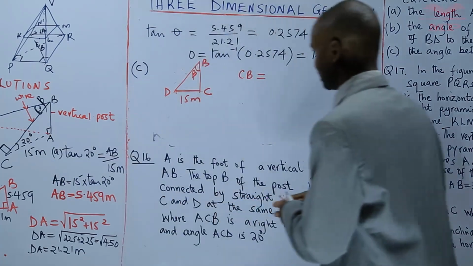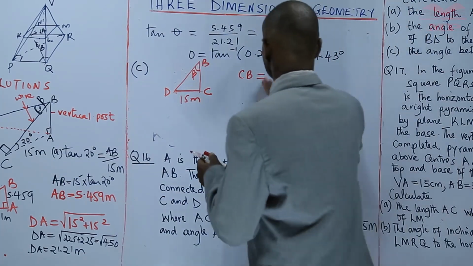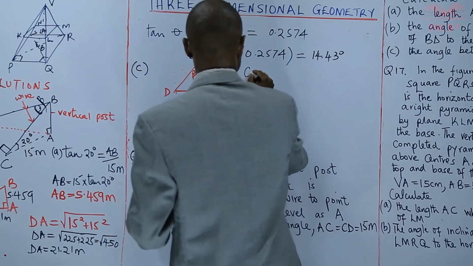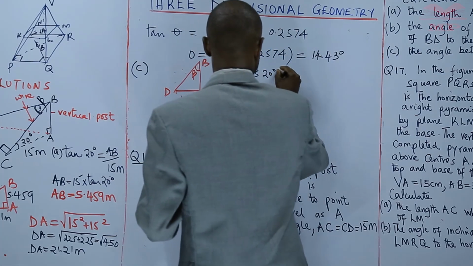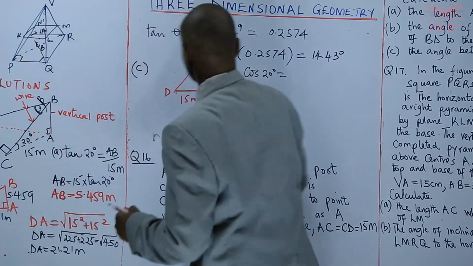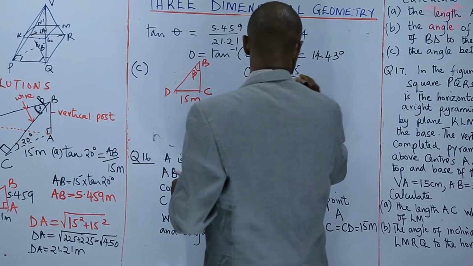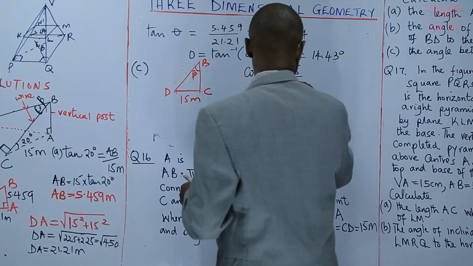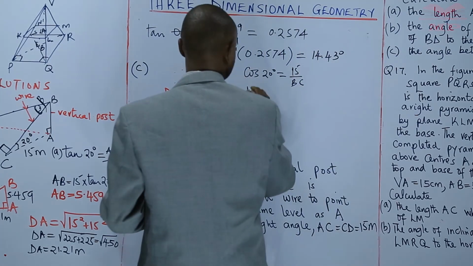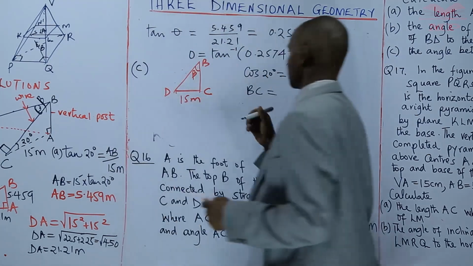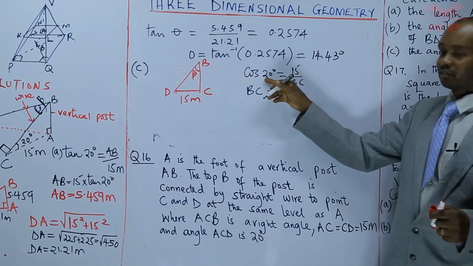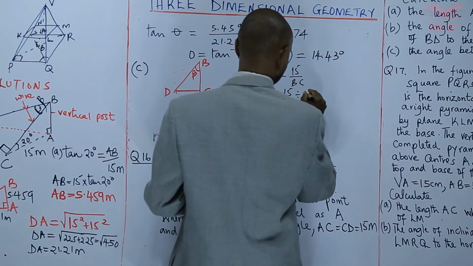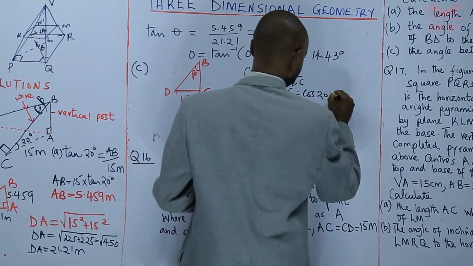So you'll say cosine 20 degrees is equal to the adjacent, which is 15, over the hypotenuse, BC. So BC will be 15 divided by the cosine of 20.